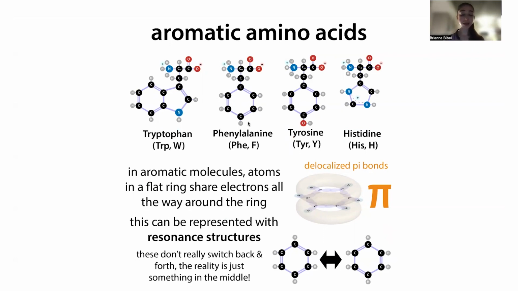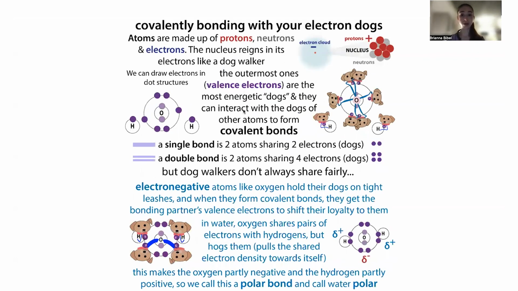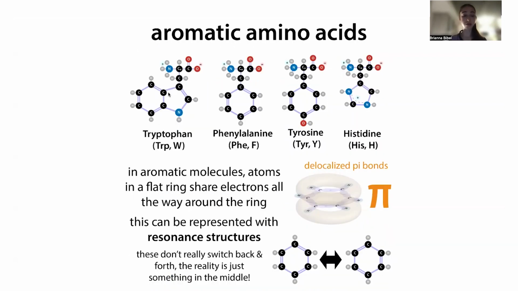A single bond, those individual lines, represents a sharing of one pair of electrons. If you see a double line like this, it is a double bond: 2 pairs of electrons that are shared. When you have aromaticity, when you have resonance, these electrons are shared between multiple atoms, and this sharing happens in a ring.